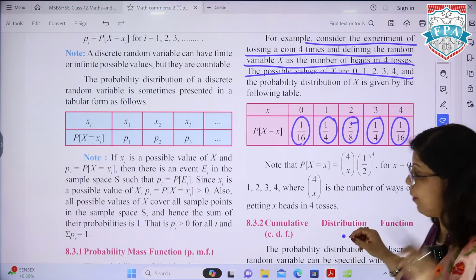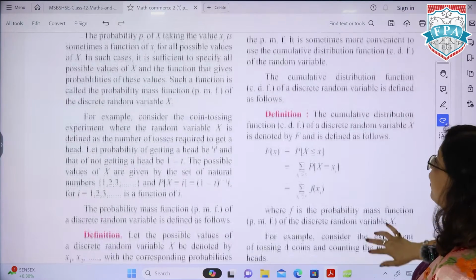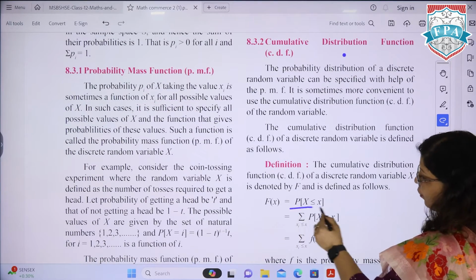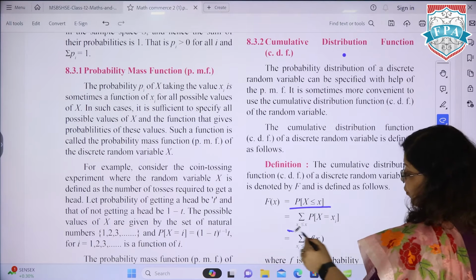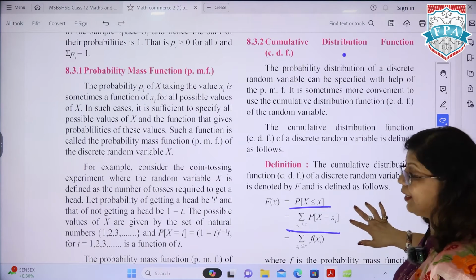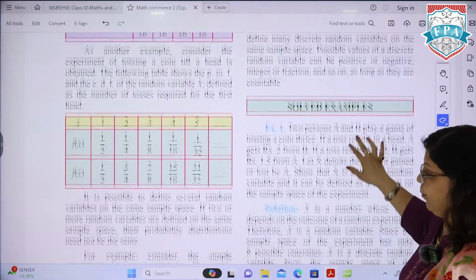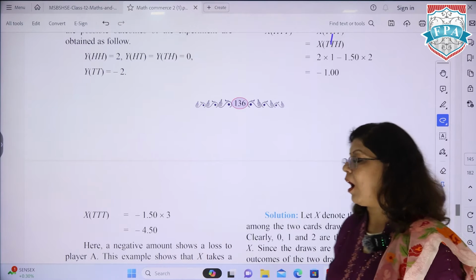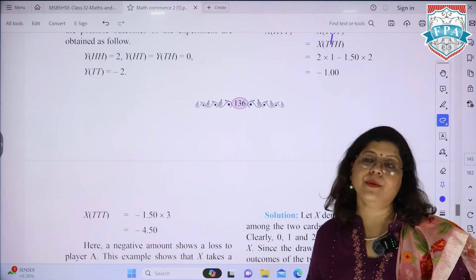ये आपका एक key part होता है to understand the probability distribution. For cumulative distribution, हम overall एक value लेते हैं, like F(x) is P(X less than or equal to x), which we can also calculate using summation or even integration, because integration is also the sum total. Now let's do some questions to understand how we take a particular question as a probability mass distribution.